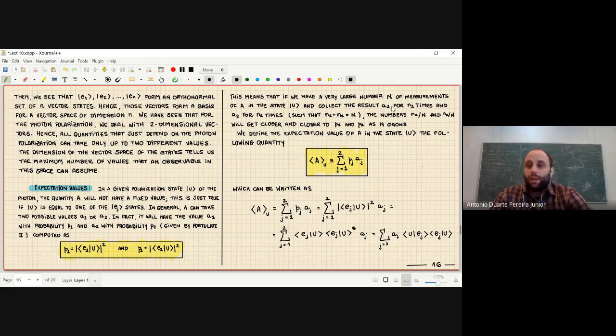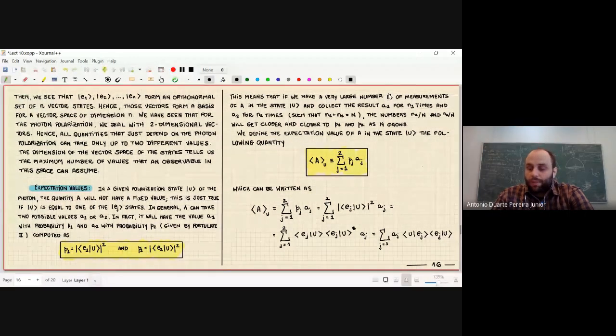And now you also can get another value A2, and you're going to see that n2 times, okay? So if you perform the experiment big N times, then n1 times you measure A1, and n2 times you measure A2. Of course, since you can just get either A1 or A2, then n1 plus n2 must be the total number of times that you repeated the experiment.